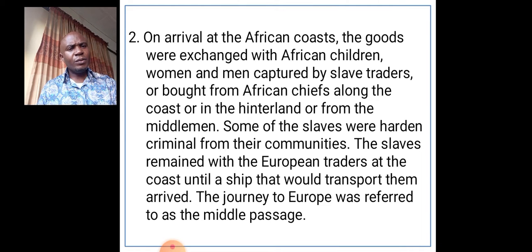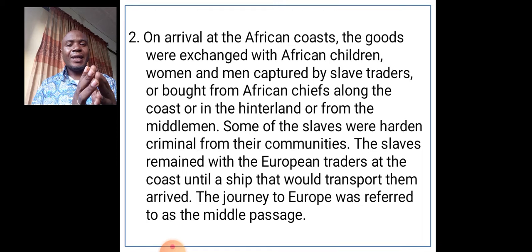Some of the slaves were hardened criminals from their communities. If you were a hardened criminal, it was easy for them to sell you off into slavery. The slaves remained with European traders at the coast until a ship that would transport them arrived. The journey was referred to as the Middle Passage. Let me make this clear.